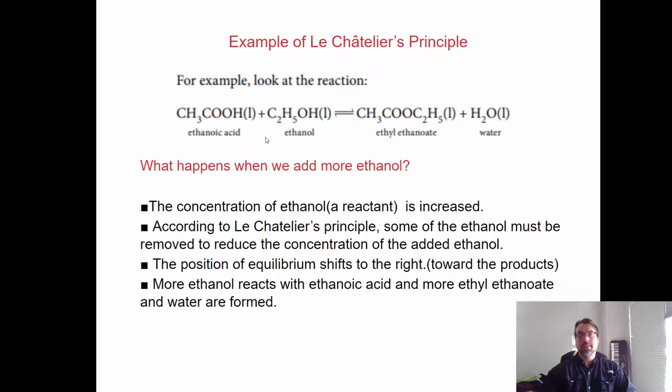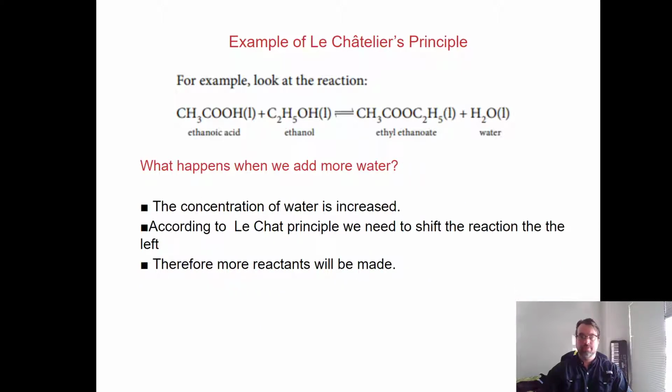So, according to Le Chatelier's principle, if we have this situation going on and we pour in more ethanol, then what's going to happen is that we're going to push this equation more towards the right, okay? So that means that we're going to end up getting more ethyl ethanoate as our product, okay? And that's how, essentially, we're going to use Le Chatelier's principle.